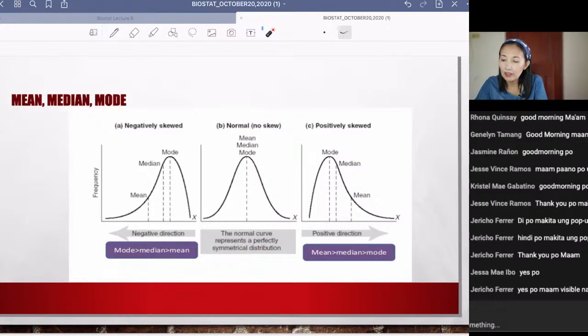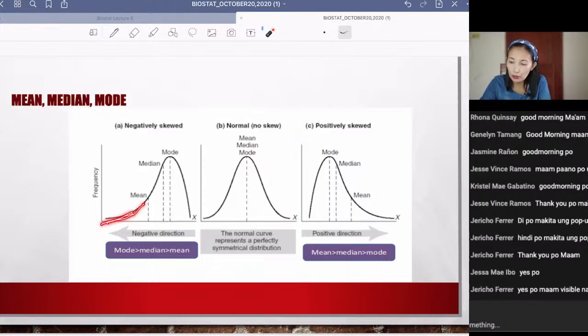Okay, negatively skewed. Most of the scores are above the mean. The bulk of the scores are above the mean, negatively skewed because the tail extends to the left.